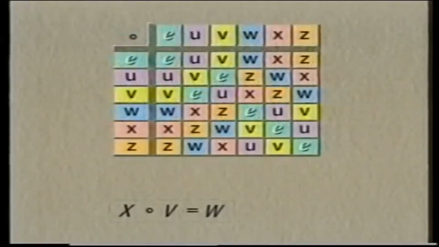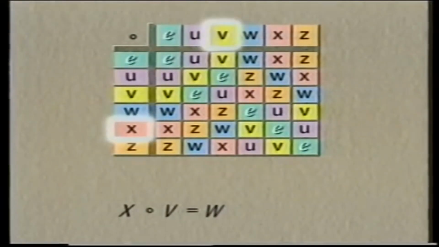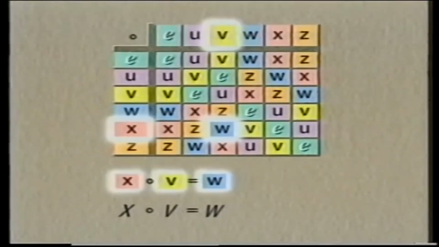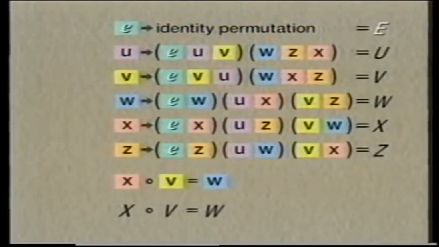But look what else has happened. If we look at the corresponding elements of our original group, we find they combine in exactly the same way as the permutations. X composed with V equals W. Well, this is not an isolated case. It turns out to be true for every pair of elements. That is, the 6 permutations combine in exactly the same way as the corresponding elements of the original group.